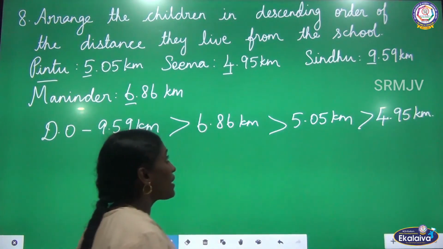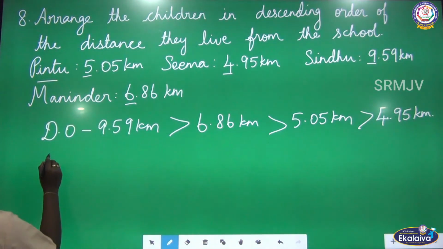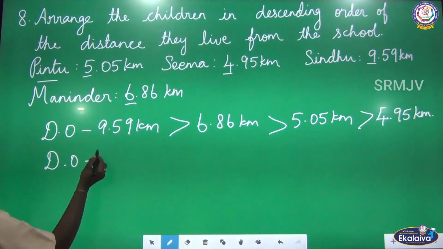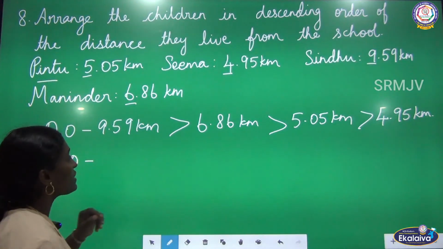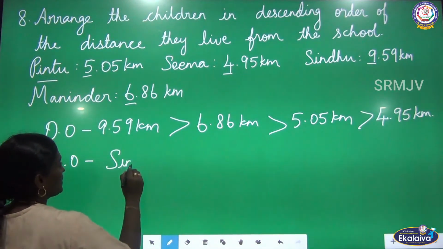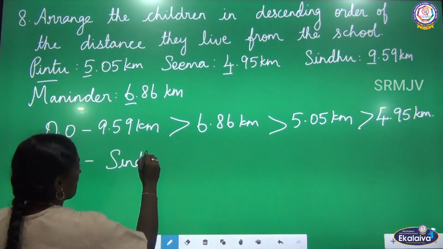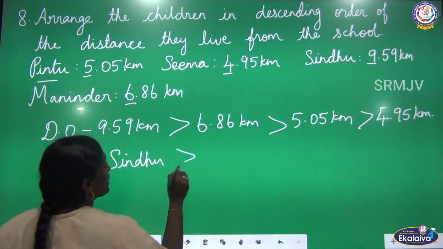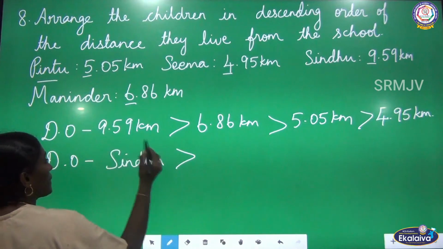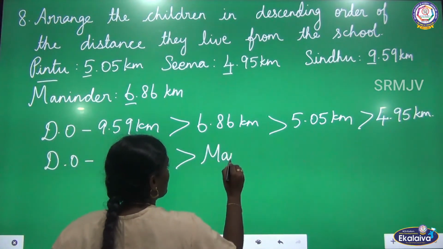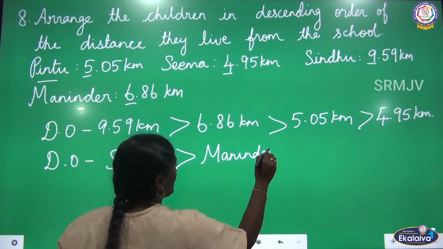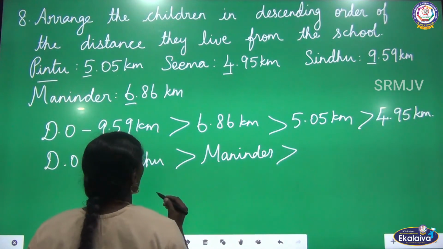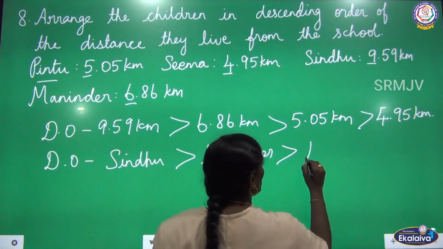Now we are going to write the children name in descending order. So who is in the distance 9.59? Sindhu. Then 6.86 Maninder. And 5.05 Pintu.